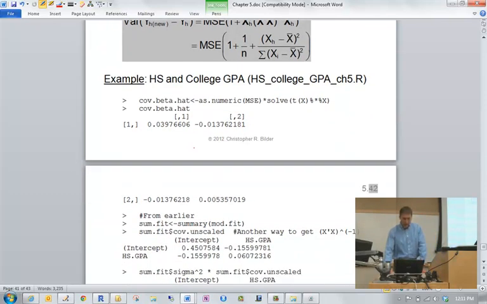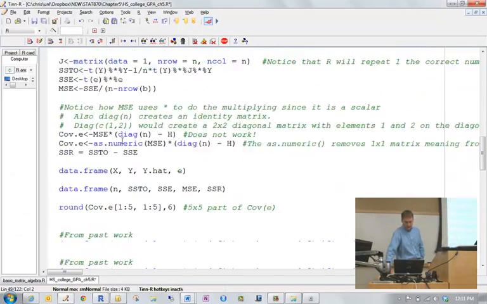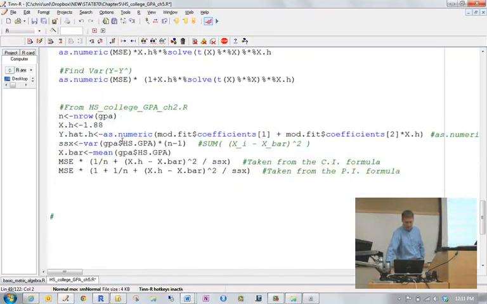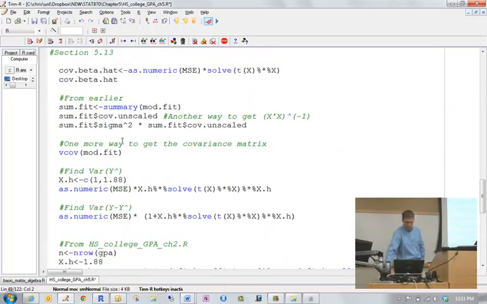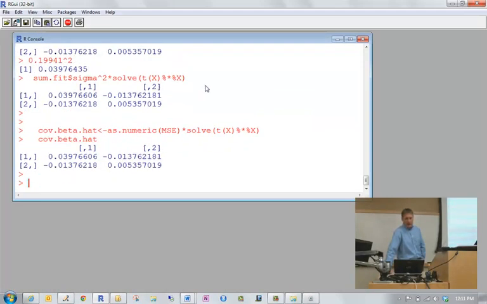Okay. We'll end with this then. Here's the high school and college GPA data set. I'm going to find my estimated covariance matrix for beta hat, cov.beta.hat. What I'm talking about is the estimated covariance of b.